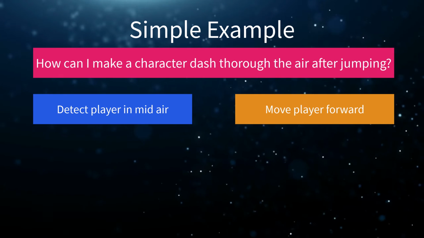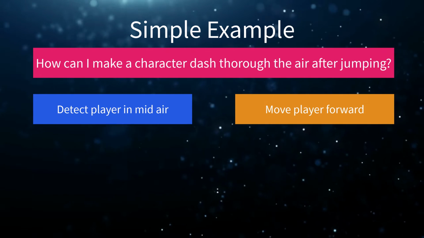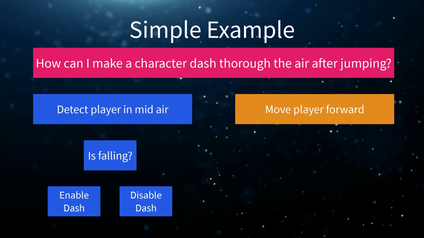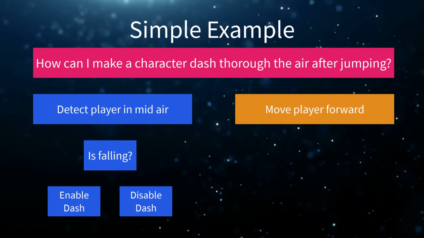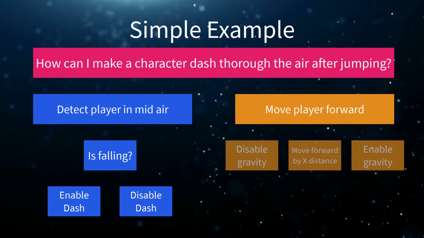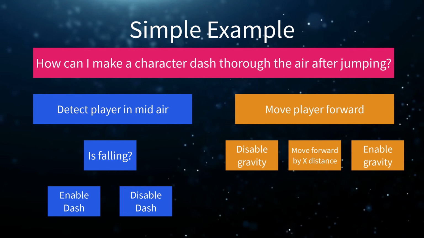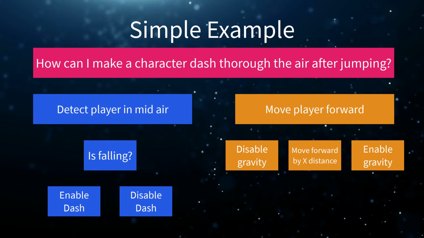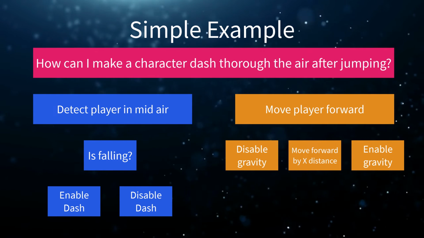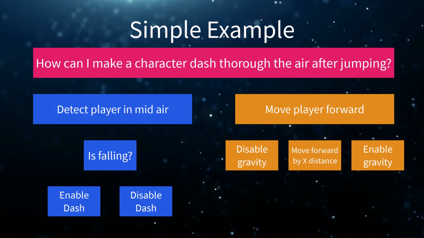Then we can break those tasks as follows. If the player is falling, then enable the dash and disable it after the dash is completed. And then, to move the player forward, we should probably disable gravity, move the player's character in the forward direction by some distance, and then enable gravity again.